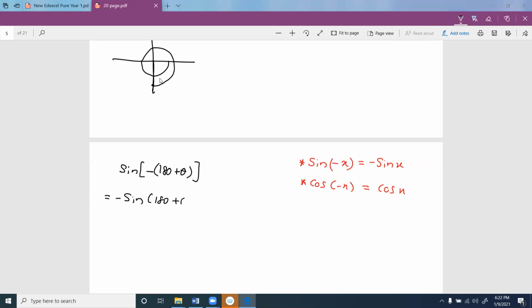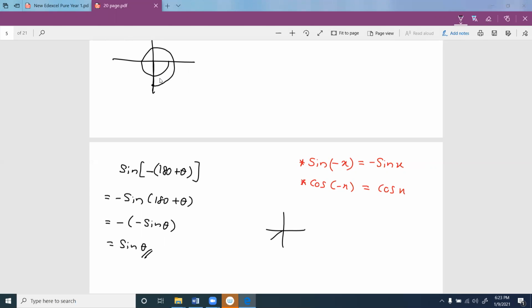180 plus theta. Sine 180 plus theta is how much? Sine 180 plus theta turns up just like this. It's over here in this quadrant, that is minus sine theta. Then finally it turns up to minus minus, so sine theta. That's the answer we're supposed to get, right?